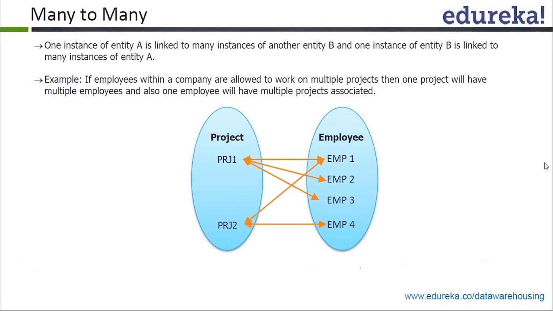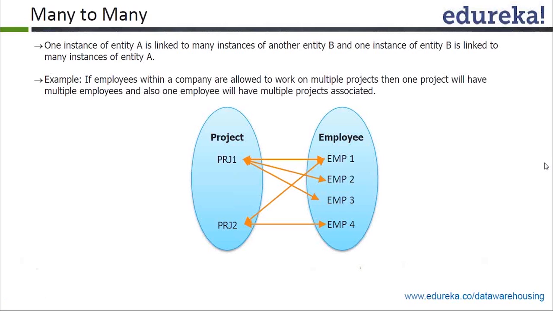The next one is many-to-many. So in this case, as you see in the example, there is a project entity and there is an employee entity. One employee can work for different projects. So in this case, employee 1 is working for both project 1 and project 2. And one project can have multiple employees, obviously. So in this case, there is a many-to-many relationship between the two entities.